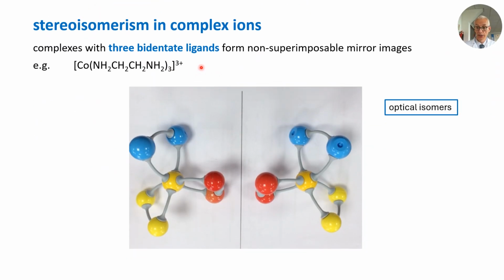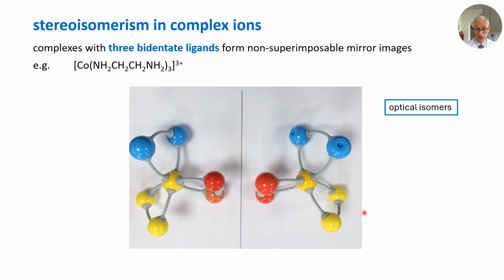Working from exactly the same complex, but this time looking at a model kit, which you may or may not have done in class. So here's one bidentate ligand, here's another bidentate ligand, here's another bidentate ligand. Here is the mirror image, here is the plane of the mirror.